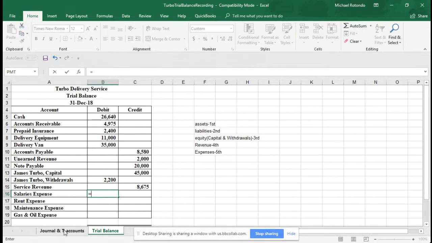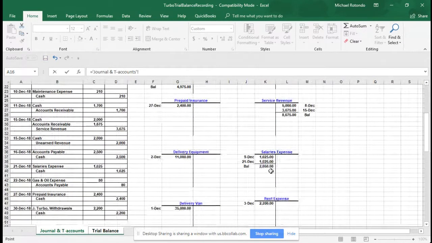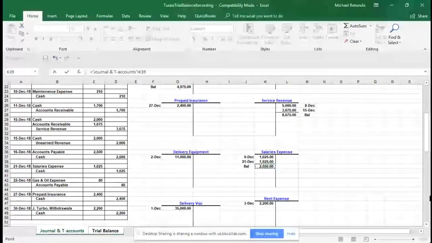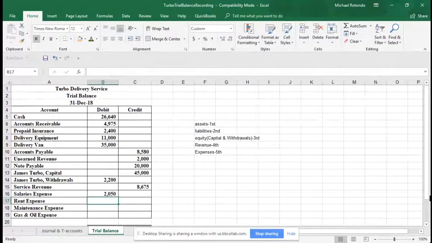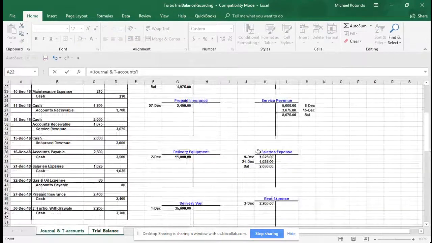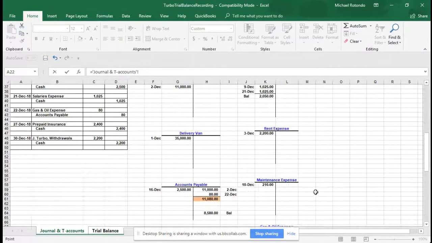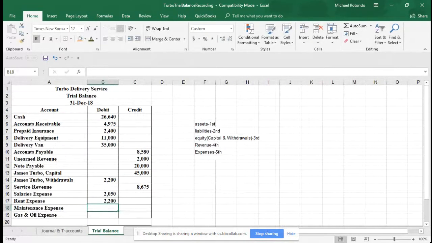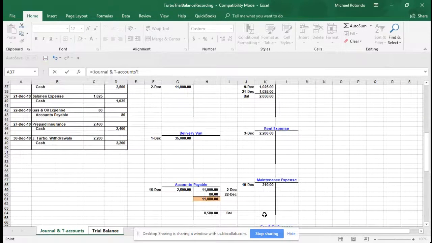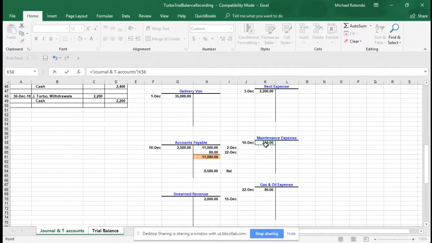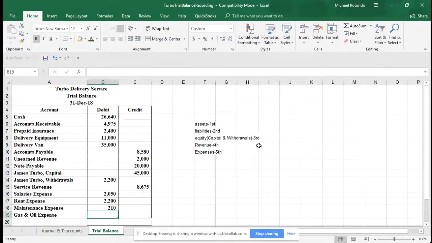So we're going to type in equals. Find the balance of salaries expense. We can also do rent expense. We can do maintenance expense. And then finally, gas and oil expense.